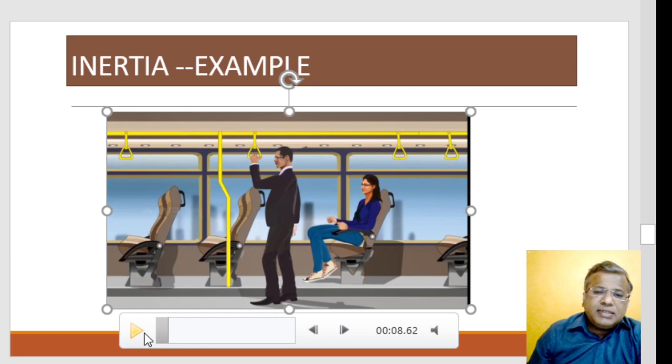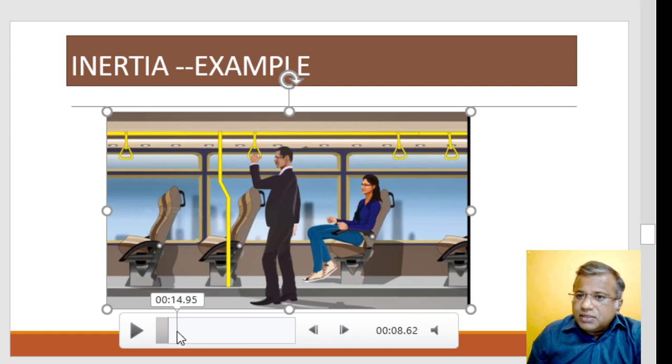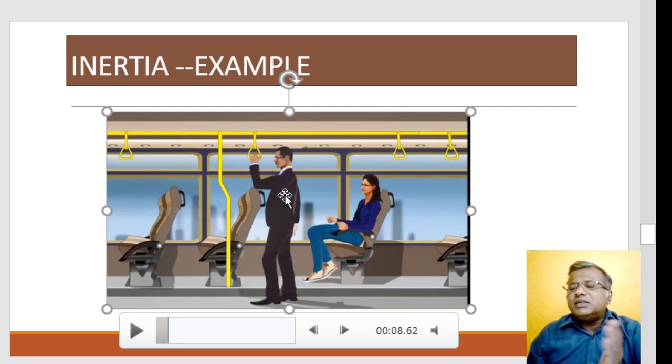So here, the lower part of the person is at rest and it is slightly connected to the surface of the bus. So it starts moving, the complete body was initially at rest, the upper part of the body remains in the state of rest, whereas the lower part starts moving. It's not that it is jerking backward, actually the lower part is moving in the forward direction, the upper part is still at rest, and that's why the person feels a jerk in which direction?